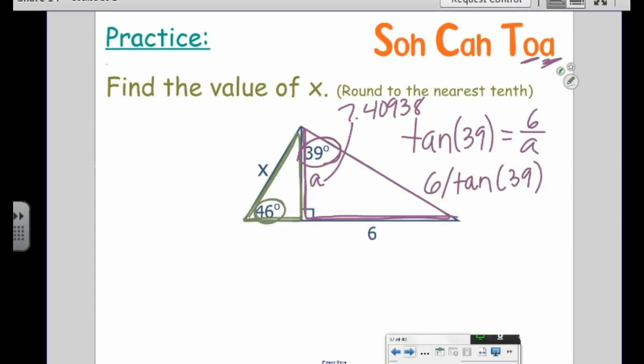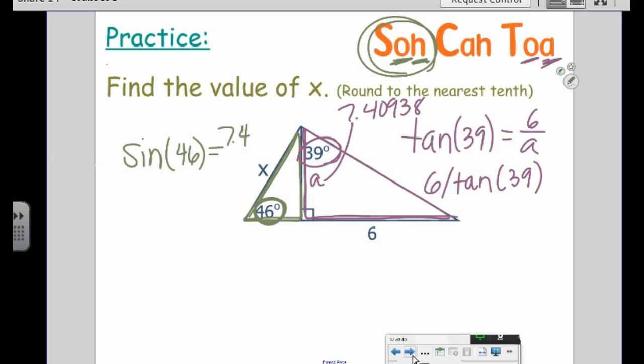Alrighty, now we're working with the green triangle. In my green triangle, this is my angle. I have opposite and I have hypotenuse. So sine is the winner in my green triangle. Sine of 46 equals opposite divided by hypotenuse.